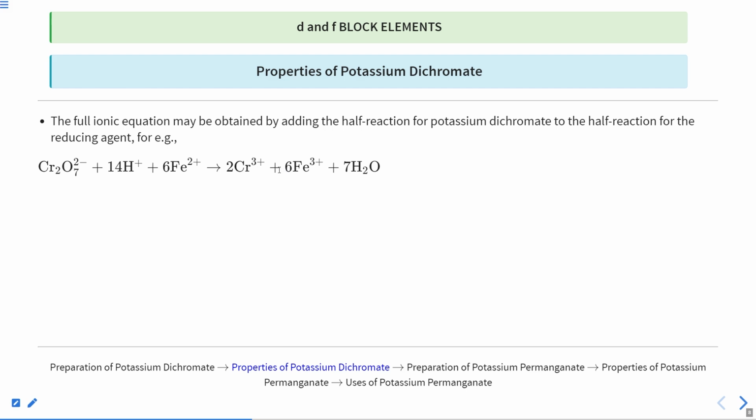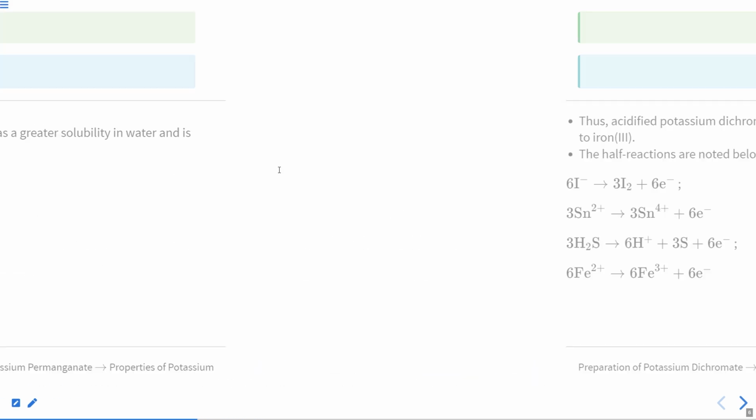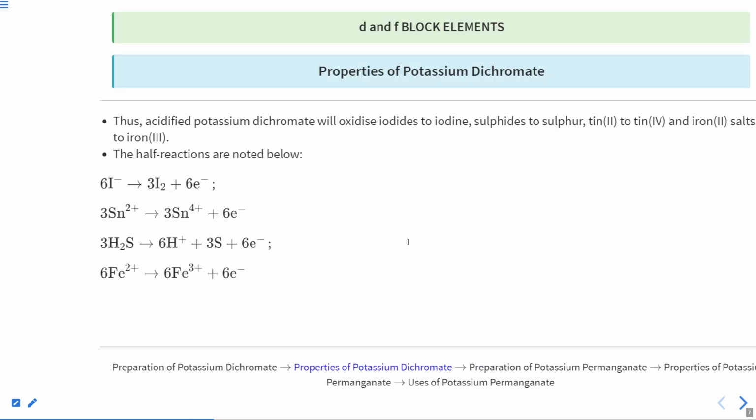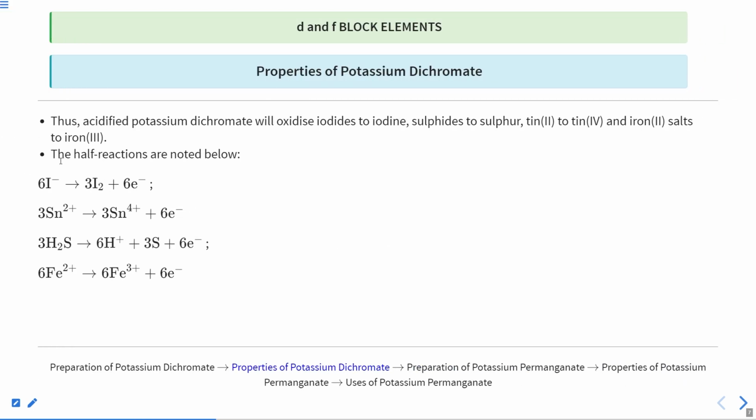Similarly, you can take this reaction and add it to each of these individually. Then you will get a net reaction for this, a net reaction for this, and a net reaction for this. In that process, your left-hand reactant will be oxidized to the right-hand product. Clear? So in this way, potassium dichromate acts as an oxidizing agent.